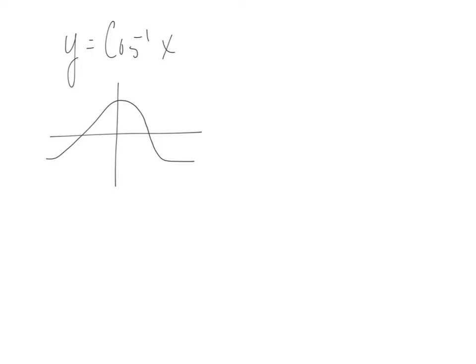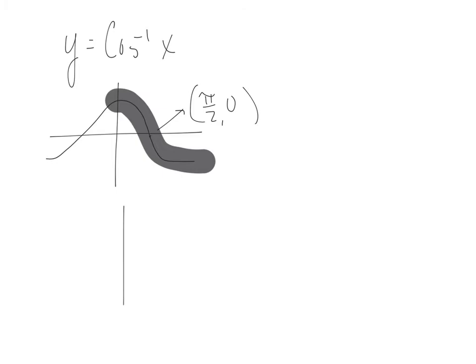And so cosine graphs will function much the same. You're just going to take one section of the graph, so we're going to take this part. Therefore, it passes the horizontal line test, and then we're going to flip those values. Now it looked very much the same for sine graphs, but that's not the case for cosine graphs. This point here is pi over 2, 0, which means that we have to flip those values. So then it'd be 0, pi over 2.